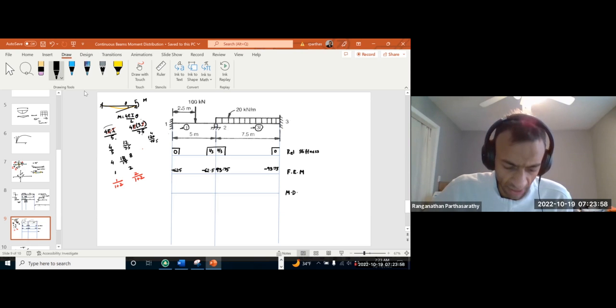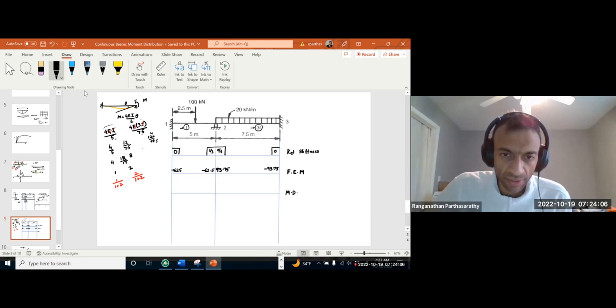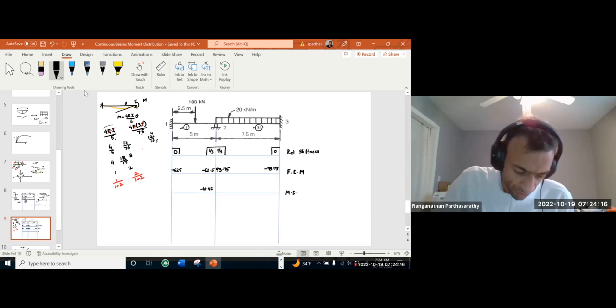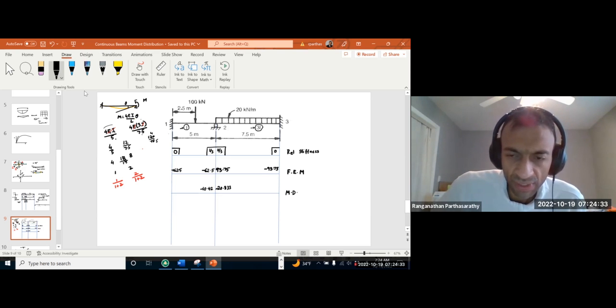So negative 10.42 will go here, and 2/3 of 31.25, negative 20.833, will go here.